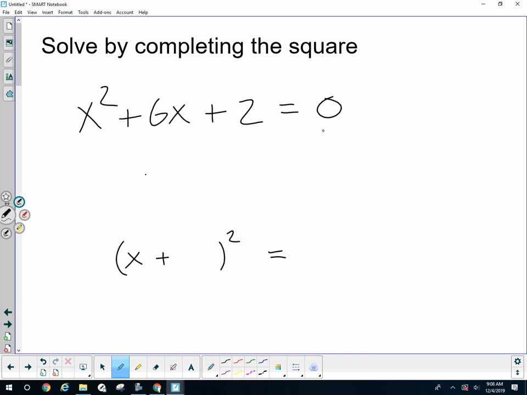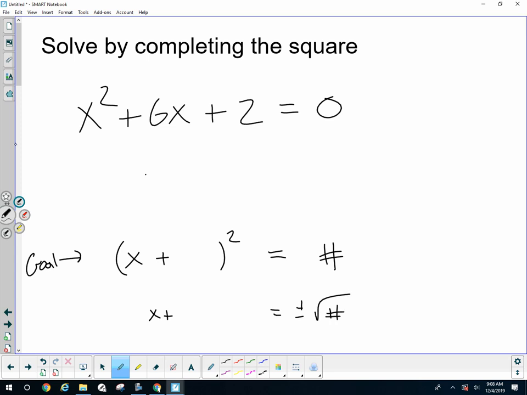And then on the right side, we can have any number. This is our goal. Because when I have an equation like this, I can square root both sides and just get x plus a number equals plus or minus the root of whatever that number was.